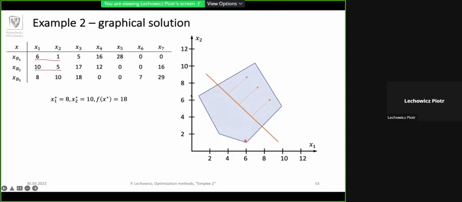Then we move to this point, so it's equal to 10, 5. So it's here. We move to this point. The value of the objective function increased from 7 to 15. And then we move to this point, 8, 10, which is here. And the value of the objective function is equal to 18.